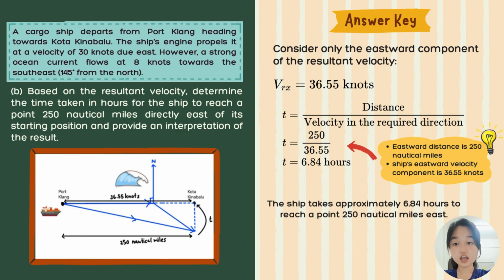As we know, velocity equals distance over time. Since we need to find the time, let time become the subject. T equals distance over velocity. By substituting the values, we know that it takes 6.84 hours to reach the point.